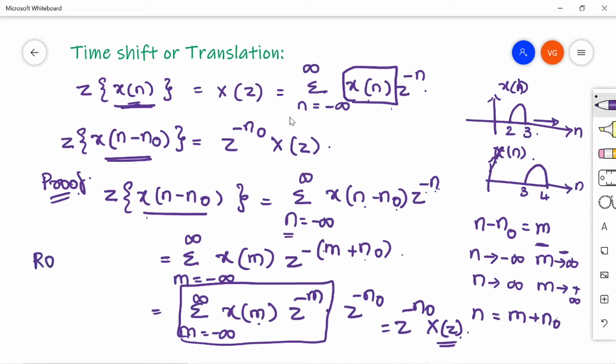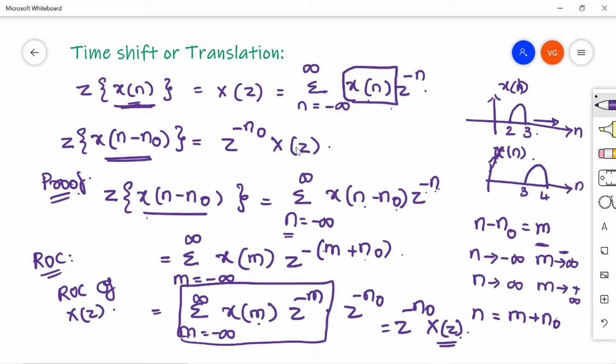Coming to ROC, the ROC of the shifted signal is nothing but the ROC of the signal itself. The ROC of X of z is equal to the ROC of your time shifted signal. So a shift in the time domain makes a change in your z domain by z power minus n naught.